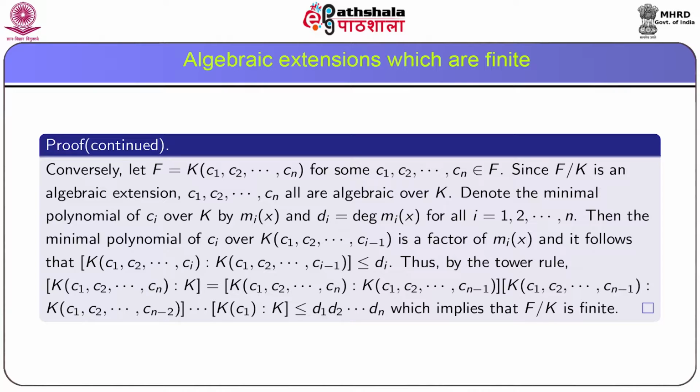It follows that the degree of the extension of the field K(C1, C2, up to Ci) over the field K(C1, C2, up to Ci minus 1) must be less than or equal to di. Thus, by the tower rule, we get that the degree of K(C1, C2, up to Cn) over K is equal to the product of these degrees of extensions, which is again less than or equal to d1, d2, up to dn, and hence it follows that the extension F by K is finite.